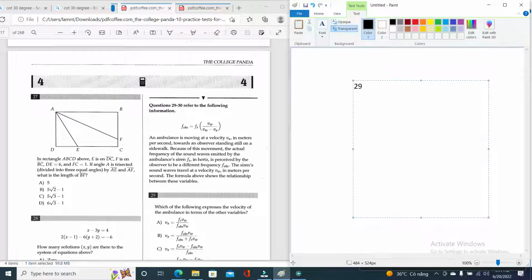So f of observed is equal to fs times v of w over v of w minus v of a.